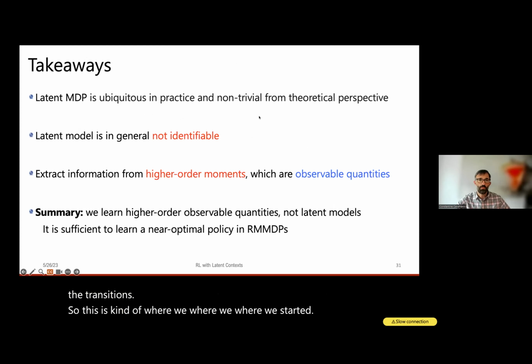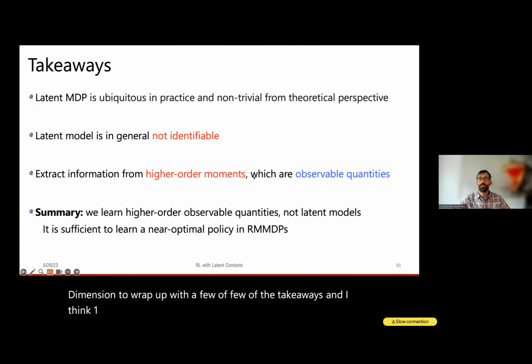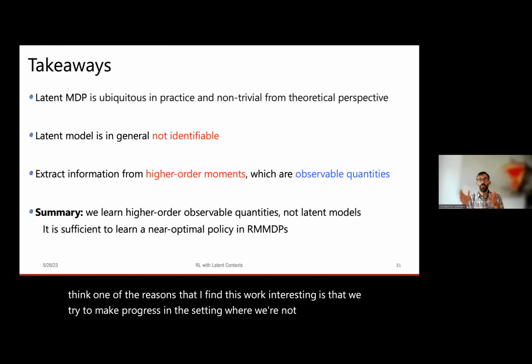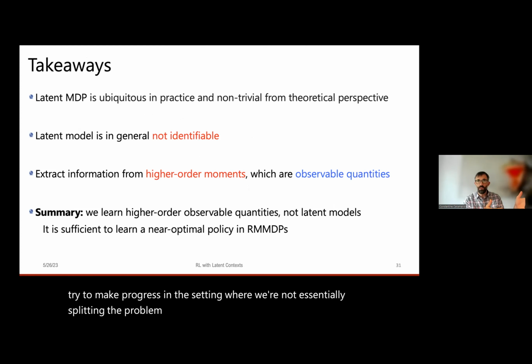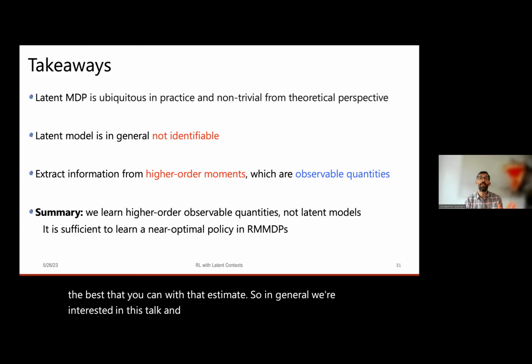To wrap up with a few takeaways, one of the reasons I find this work interesting is that we try to make progress in the setting where we're not essentially splitting the problem into estimating the latent variable and then doing the best that you can with that estimate. These results are about the setting where you just can't identify the latent model.